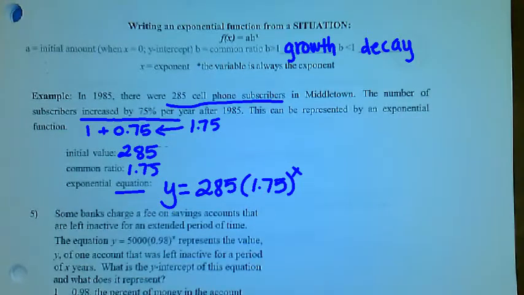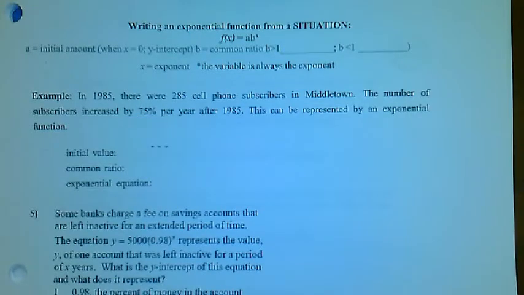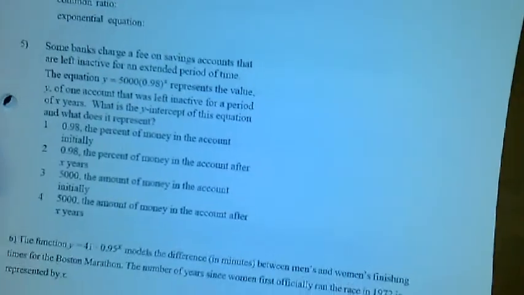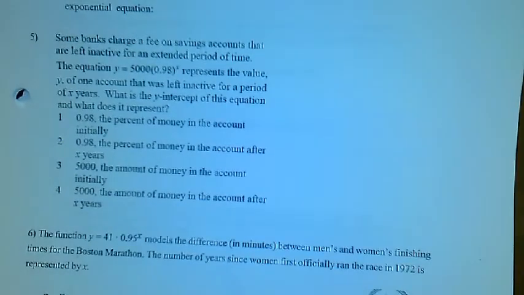Nothing more than that. All right, now with the next one, they've actually already given us an equation, and they want us to figure out what it represents. So let's break that one down a little bit. Okay, so some banks charge a fee on a savings account that is left inactive for an extended period of time. Okay, not important. We have our equation right here.